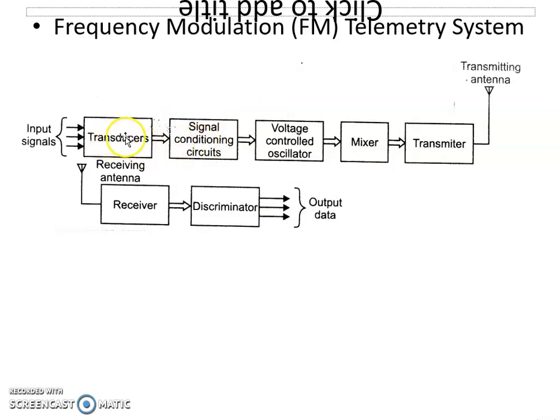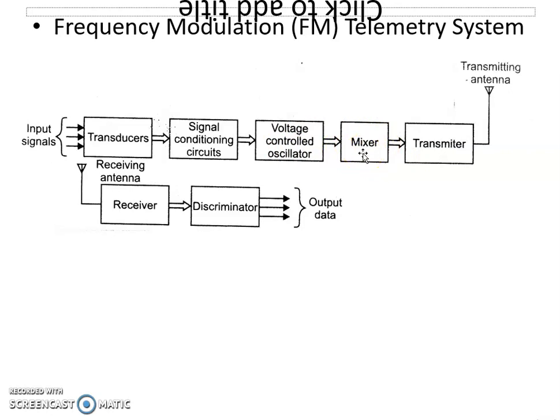Each sensor transducer is associated with a separate signal conditioner circuit, and the output of each transducer and signal conditioner modulates the frequency of a voltage controlled oscillator. Here many oscillators, each operating at a separate frequency, are mixed for radio transmission by means of this mixer.